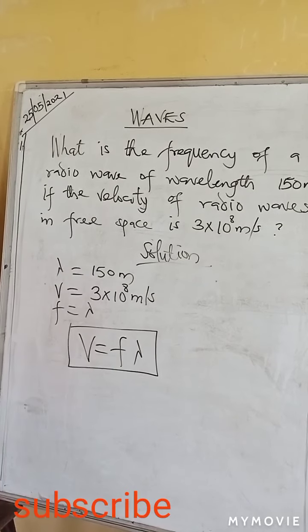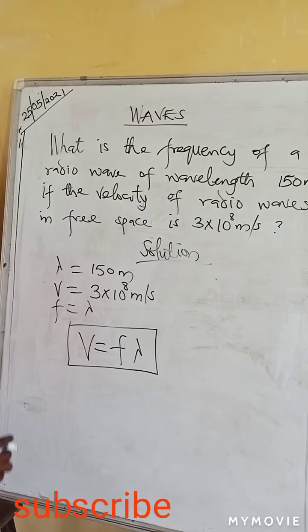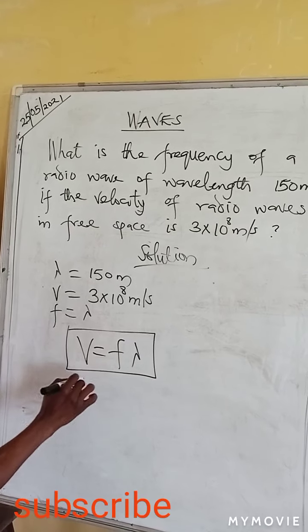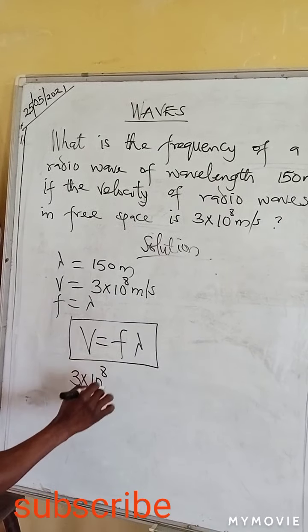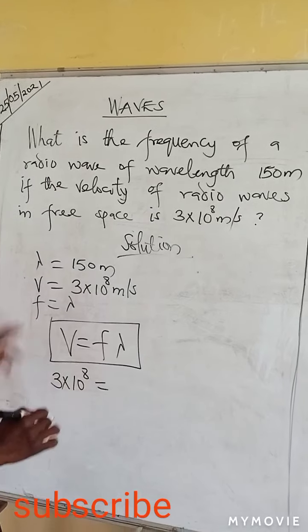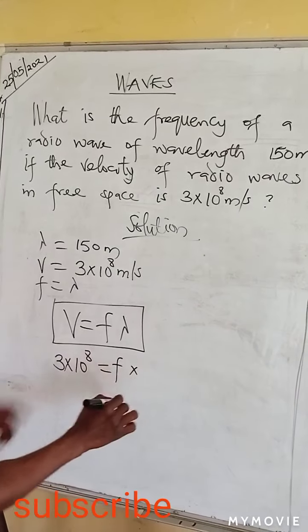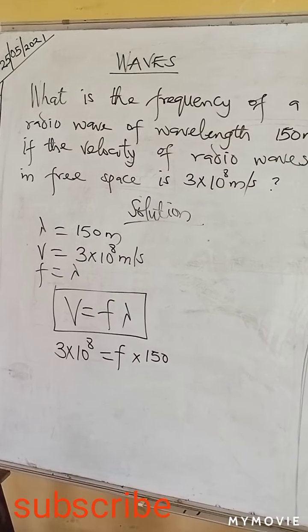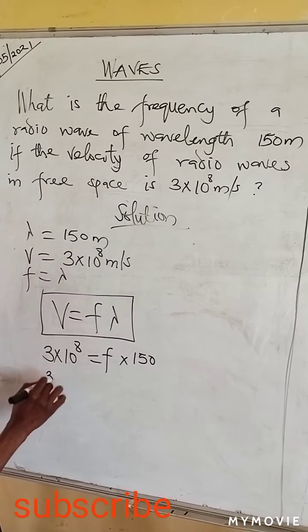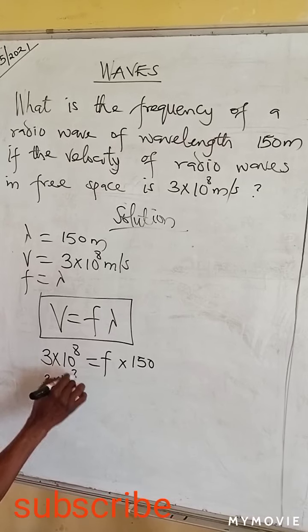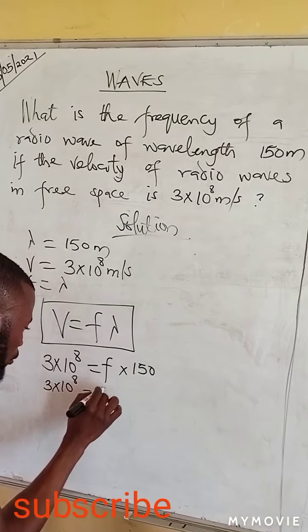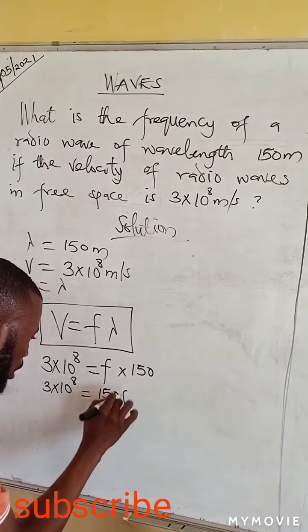We can put the whole data into the formula. We are going to have 3 times 10 raised to power 8 equals F multiplied by 150. From there, we have 3 times 10 raised to power 8 equals 150 F.